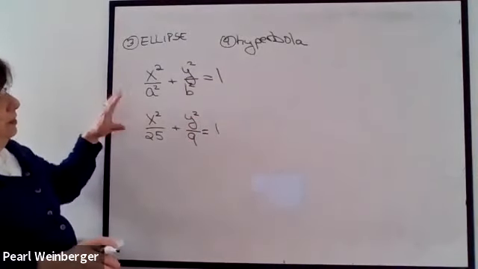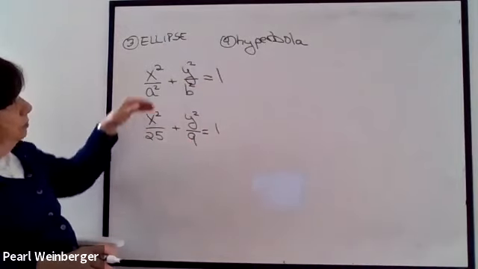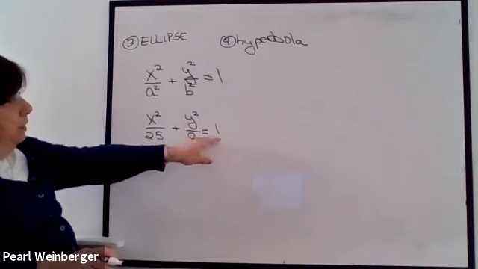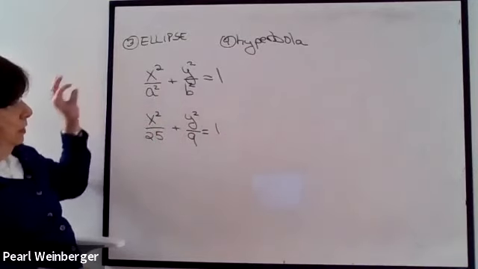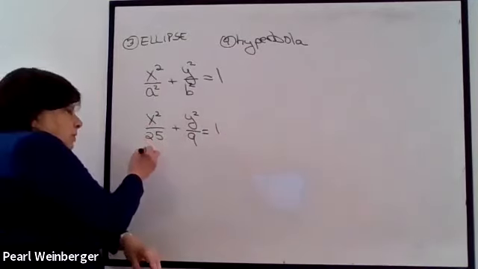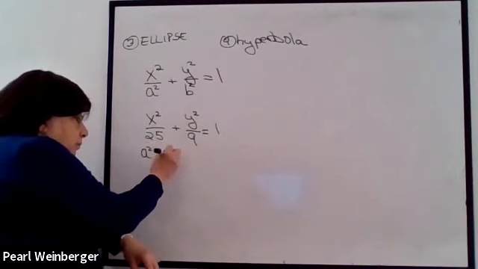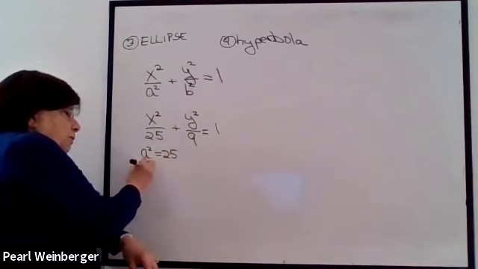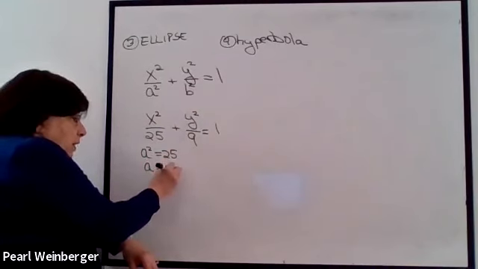We'll recognize this as an ellipse because we have an x squared over a number plus a y squared over a number equaling 1. This is the standard format. Now, the number in this case, the a squared, is 25. That means my a would be either plus or minus 5.